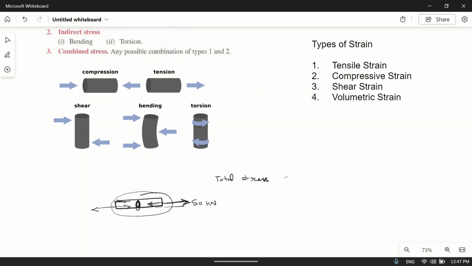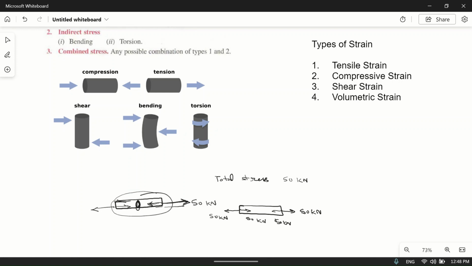So total stress will become 50 kilonewton. Suppose we are applying 50 kilonewton from outside, then the material will offer 50 kilonewton stress in the opposite direction. This is when the material is stable and not elongated much.